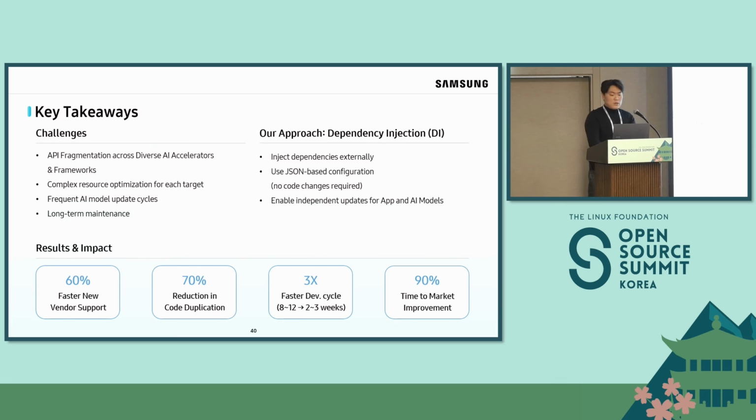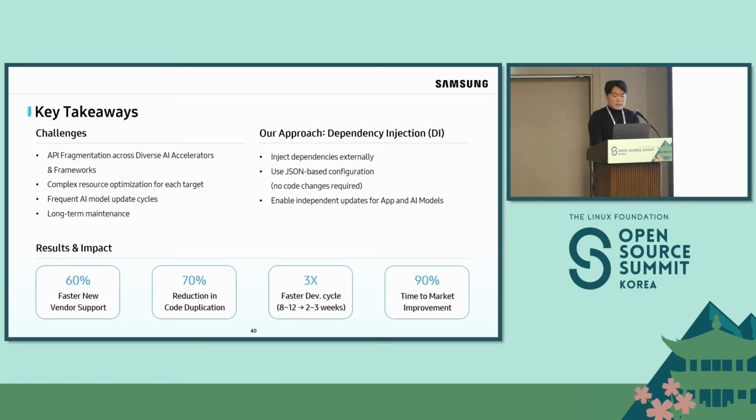This approach allows faster updates with unified significance when adding new hardware vendors. Additionally, this approach significantly reduces redundant code development for app developers and AI model developers when new vendors are added, even for the same model and app.